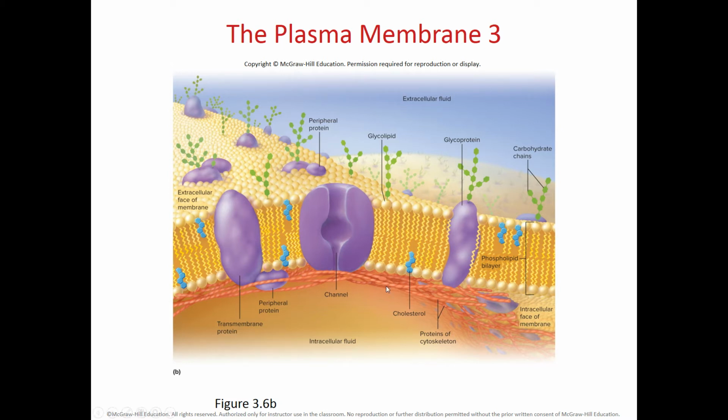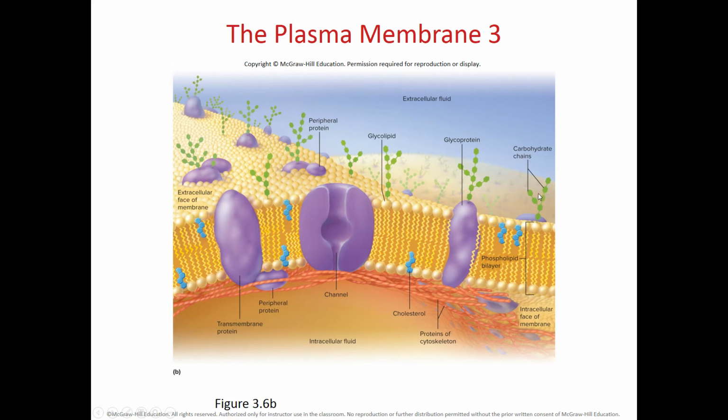Now, some of these proteins will be conjugated, or have chemical bonds, with carbohydrates, like in this case, glycoproteins, or even the lipids. They can be combined with carbohydrates, like in this case, these glycolipids.